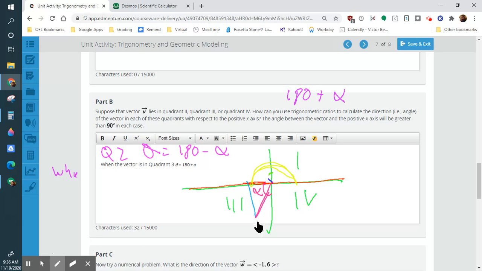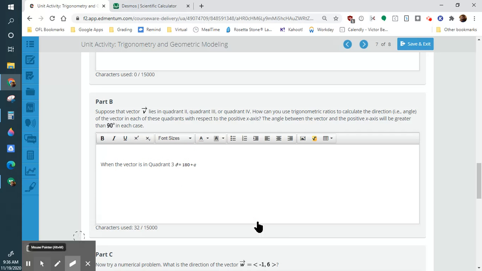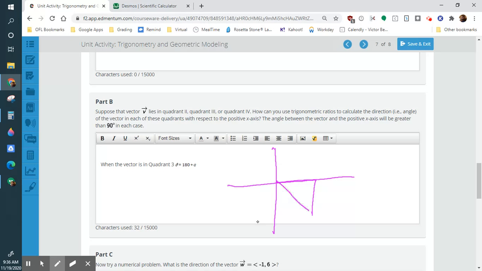When it's in Q4, let's look at Q4. I'm just going to erase everything. When we're on Q4, our angle is going to look like this. Here's our new alpha. In this case, we want all of this except for that little itty bitty side.